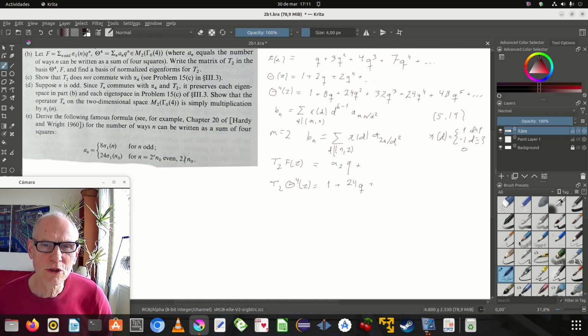And when n is 2, d is 1 again, because chi of 2 vanishes. So n is 2 and d is 1 unity, so that gives a 4. That's 24.